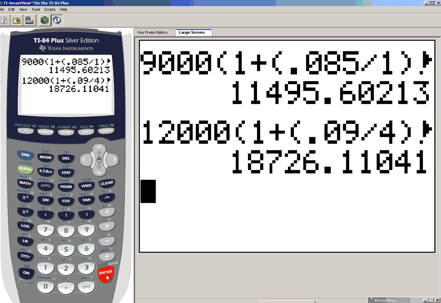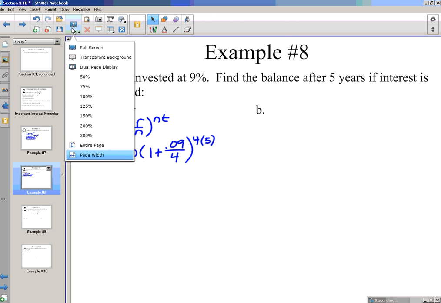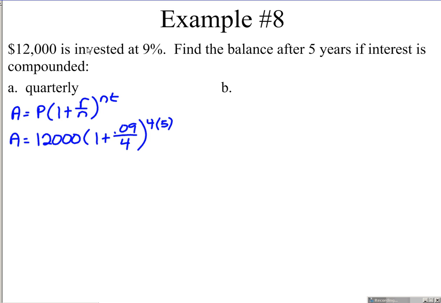We have $18,726.11. Go ahead and record that.